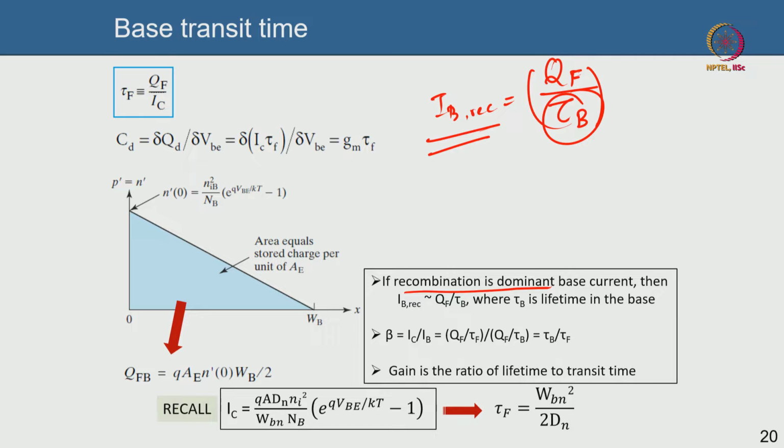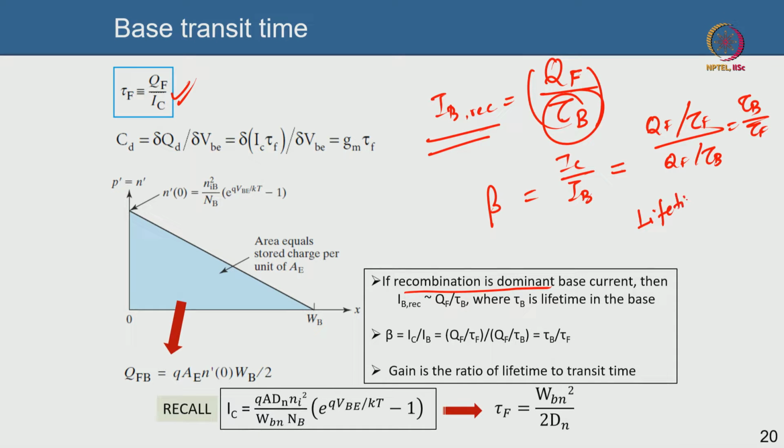So then the gain of the device, beta, which is IC by IB: from this expression IC is nothing but QF by tau f, and from this expression IB is nothing but QF by tau b. So this is tau b by tau f, which means the minority carrier lifetime divided by the base transit time is your beta, provided only the recombination is the dominant current component in the base.